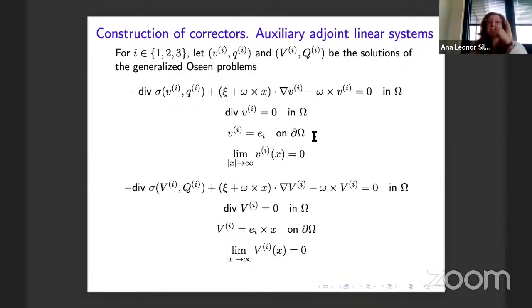Let's consider, associated with the generalized Oseen problem, a generalized Oseen problem in which the velocities that we have on the boundary of the rigid body are the basic rigid motions. So this is the basic translation, this is the basic rotation. This is given, so this is a classical generalized Oseen problem with zero external force, and only the basic rigid body velocities on the boundary of the obstacle.